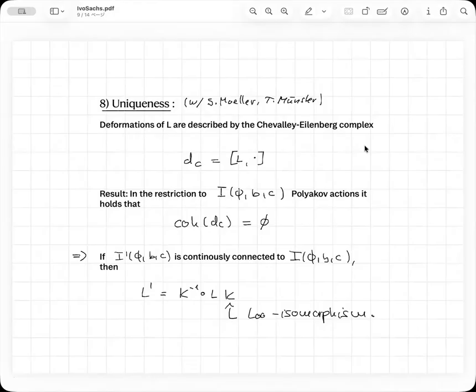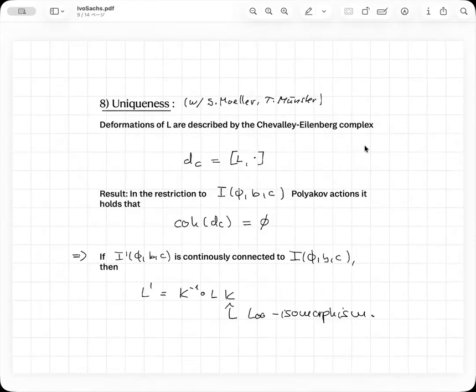You write it like this: you have this bracket, and this is the Chevalley-Eilenberg differential. The cohomology of this differential gives the inequivalent L-infinity algebras, where equivalence classes are just L-infinity isomorphisms.